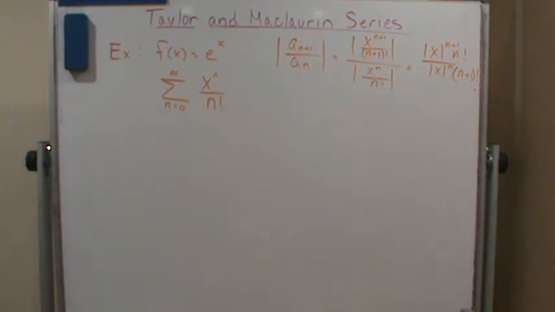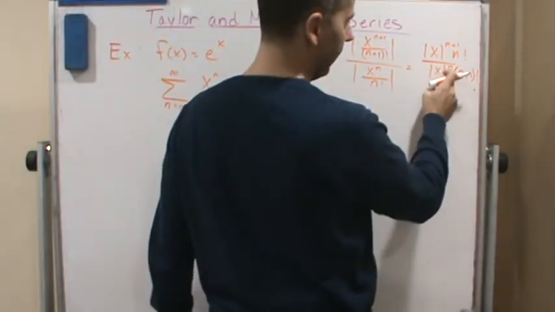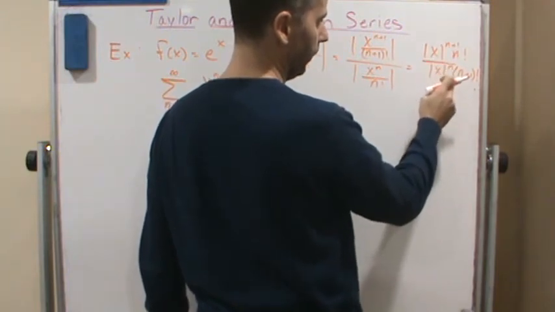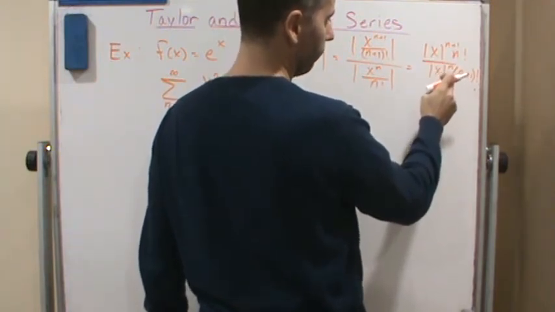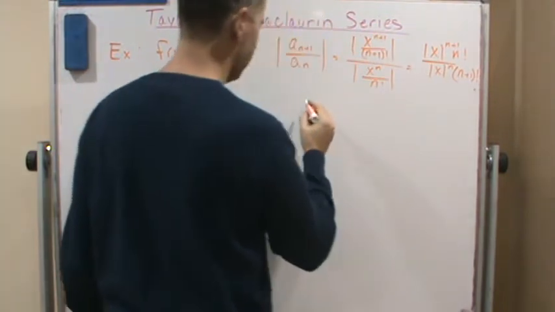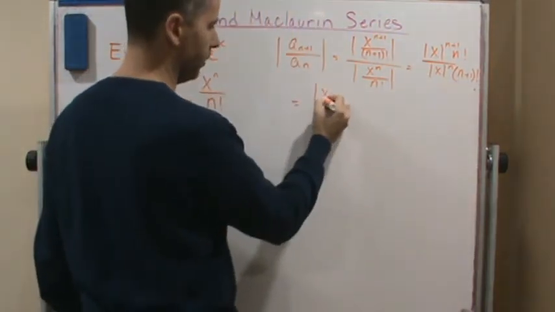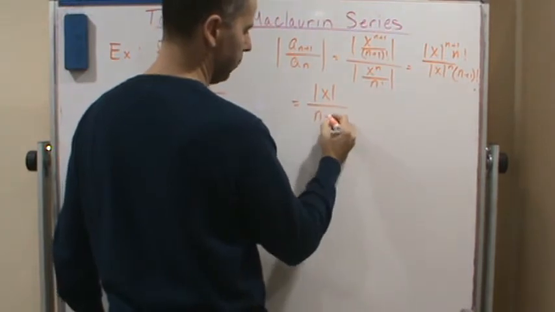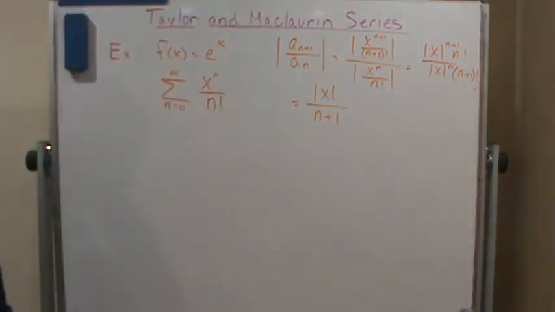And this will simplify too, because this n factorial will cancel with the n factorial here, so we're going to end up with the absolute value of x in the numerator, over n plus 1 in the denominator. So that's what we end up with.